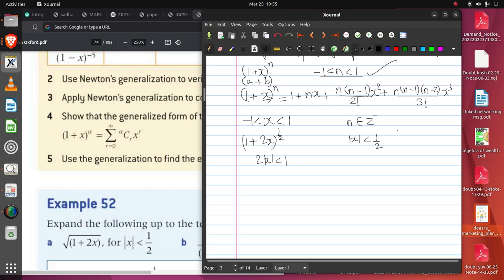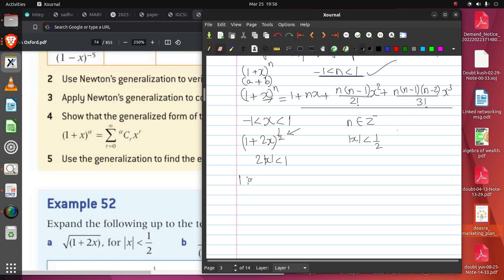It is within the condition. So this 2x satisfies the condition, and the power here is also a fraction less than 1. So I can simply apply this formula and get my answer.